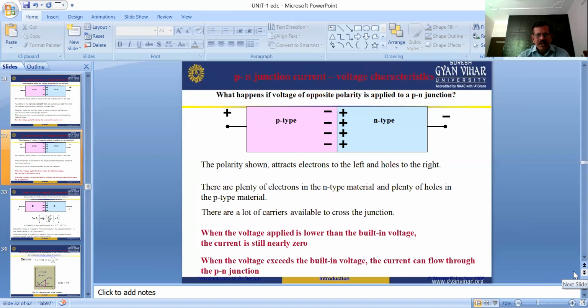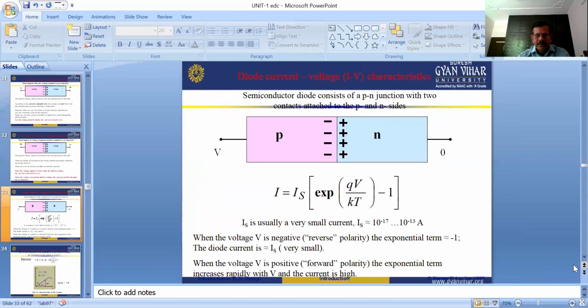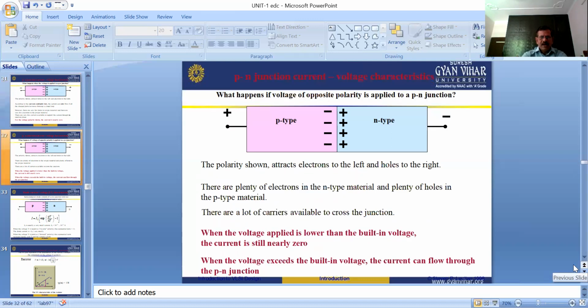So the polarity shown attracts electrons to the left and holes to the right. There are plenty of electrons in n-type material and plenty of holes in p-type material. So there are a lot of carriers available to cross the junction.